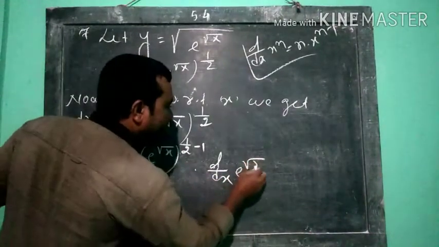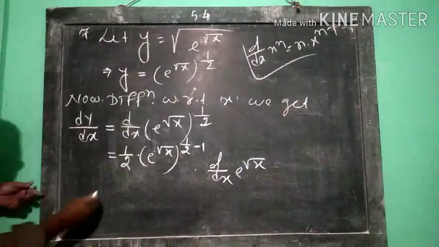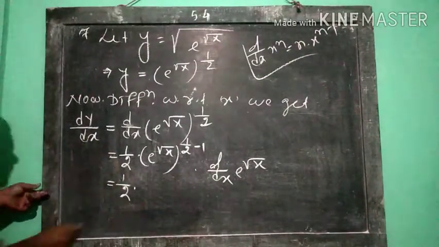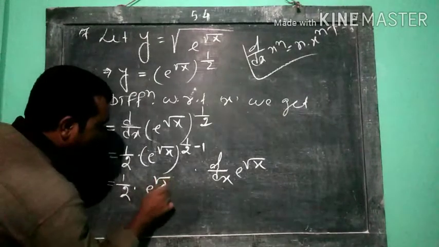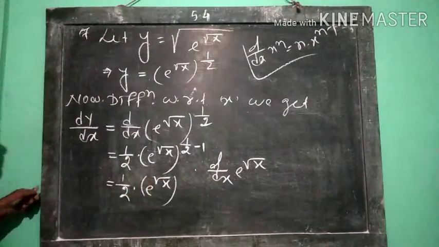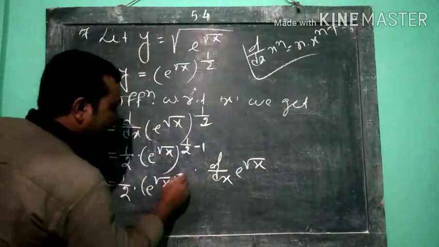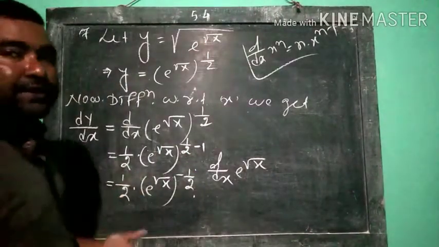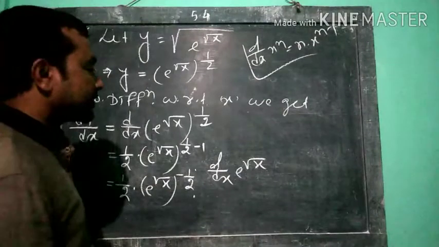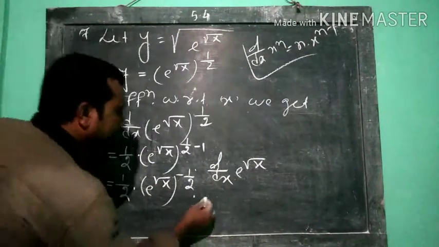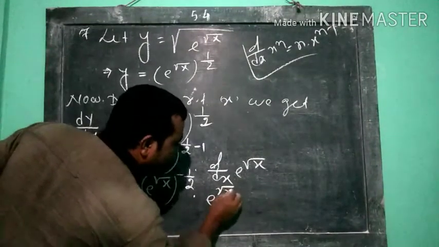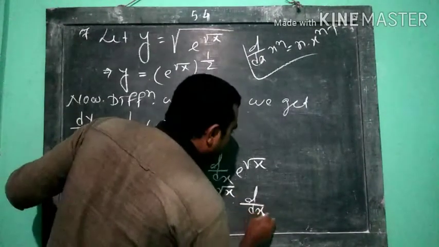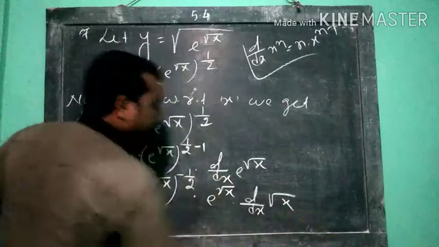This is e to the power root of x. So this is equal to 1 by 2 into e to the power root of x, to the power half minus 1, which is minus half, into d/dx of e to the power x. We know the formula: d/dx of e to the power x is e to the power x, so e to the power root x into d/dx of root x.